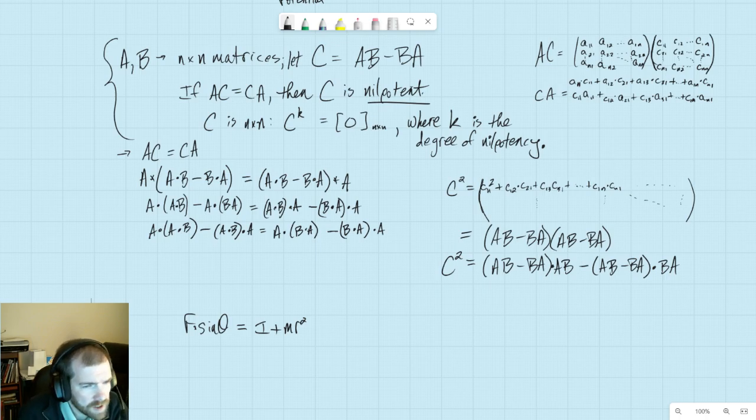That appears to be something related to moment of inertia, but something distinctly different about this. I don't have any I plus mr squareds anywhere.